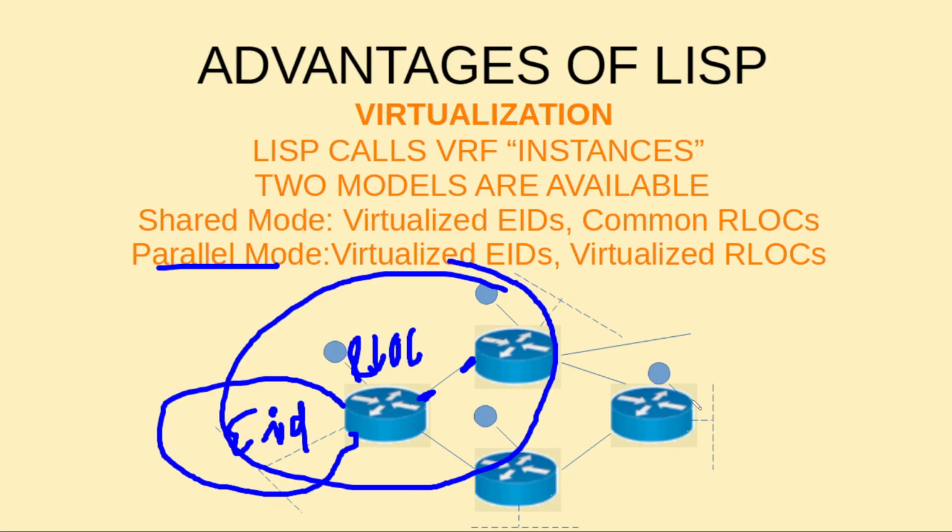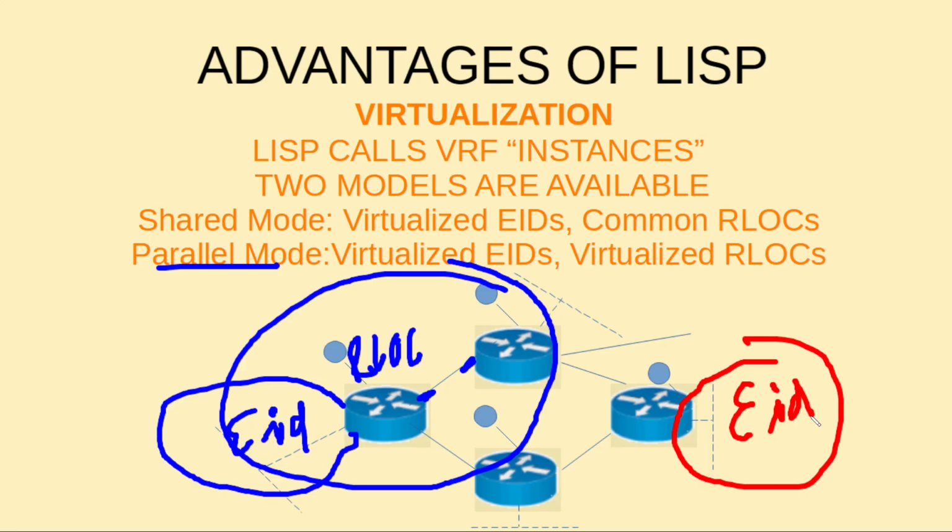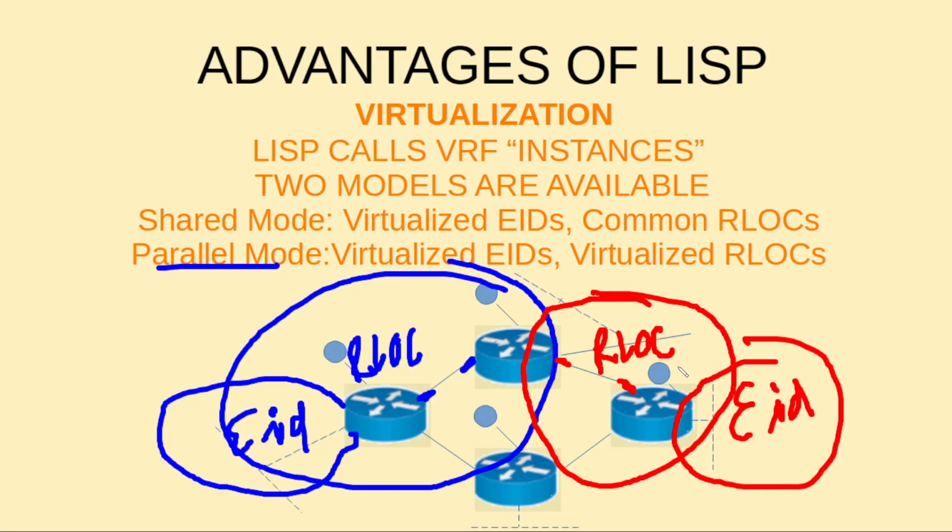And we can have other VRFs as well. So for instance, we can have this endpoint ID that belongs to a red VRF or red instance, but we can also assign RLOCs to these VRFs. So we will have some RLOCs that are assigned to a different VRF. So with the parallel mode, we are virtualizing the endpoint IDs, and we are also virtualizing the RLOC domain.